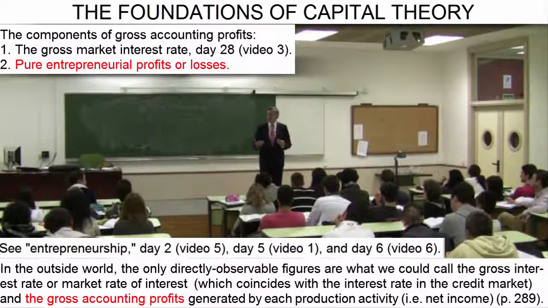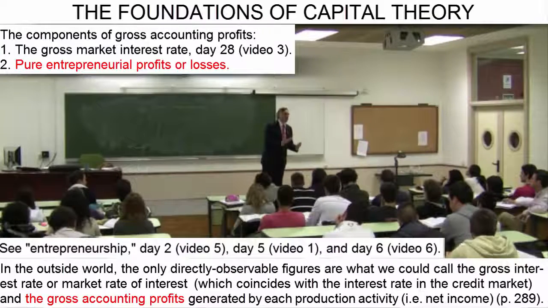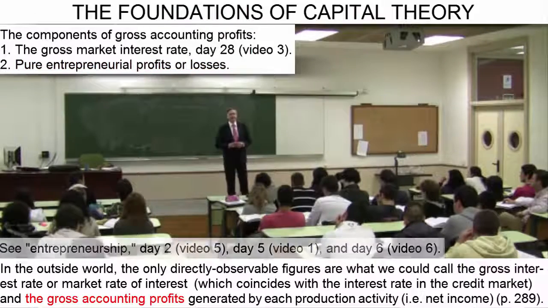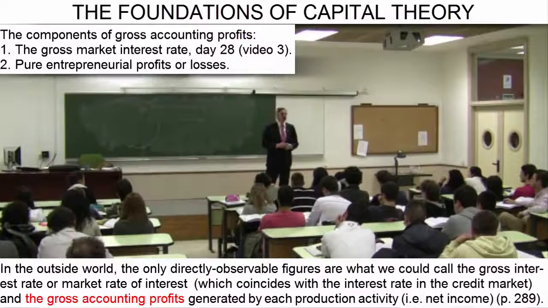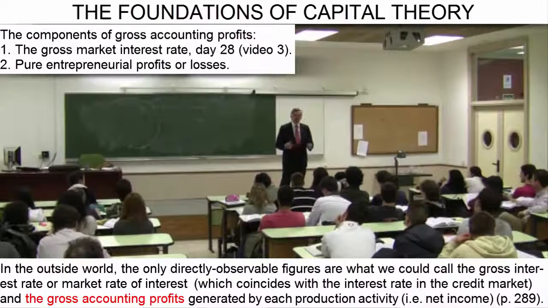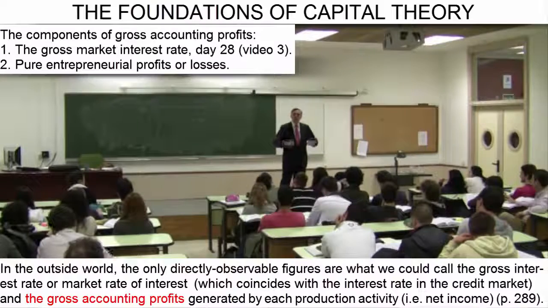In each set of historical circumstances, and according to our interpretative judgment, we must be able to approximately quantify this amount. It is quite possible for a company to obtain accounting profits and yet incur entrepreneurial losses. In fact, this very frequently happens.